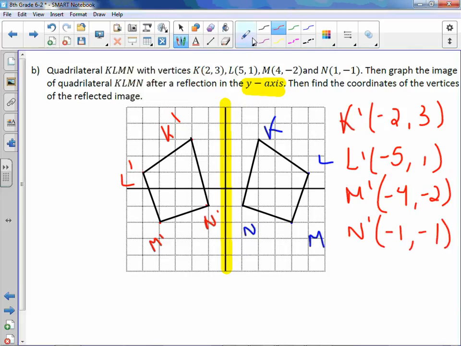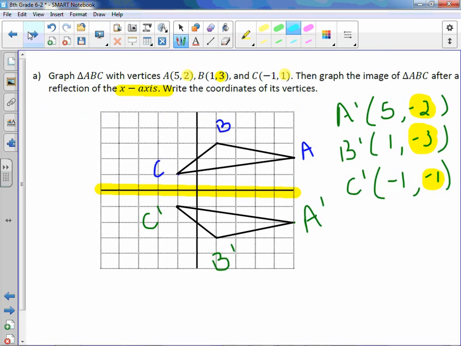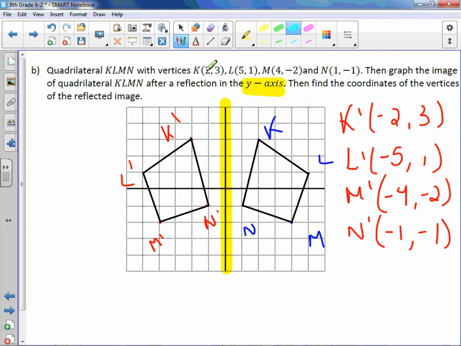Now the rule was for this one, when you reflect in the y-axis, the x is negated. So here are the x coordinates, and here are these x coordinates.